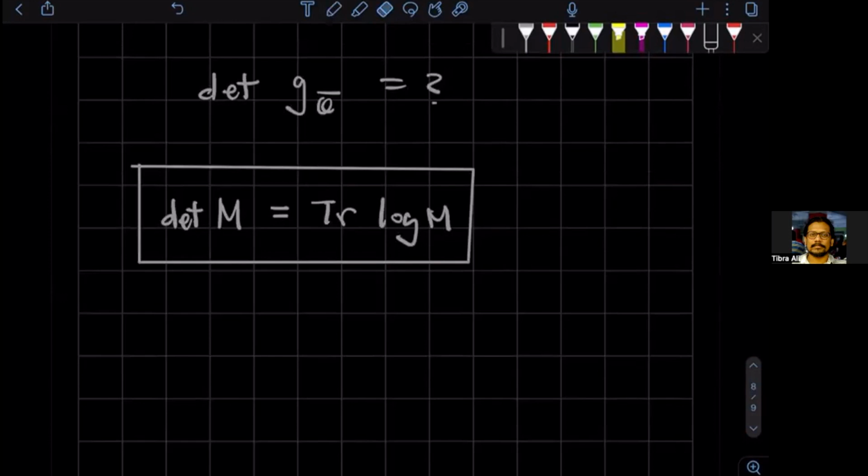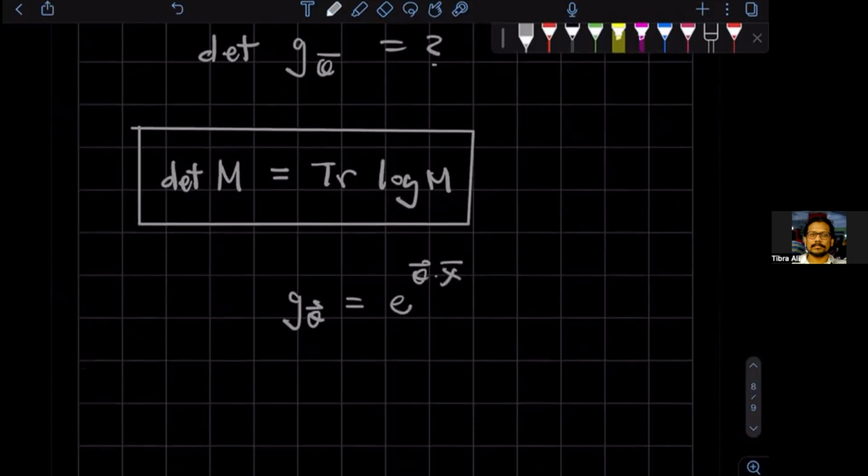So if I now use the fact that we can write g of theta as e to the power theta dot x, and then I take the determinant of g of theta, then I will have e to the power trace of theta x, right?